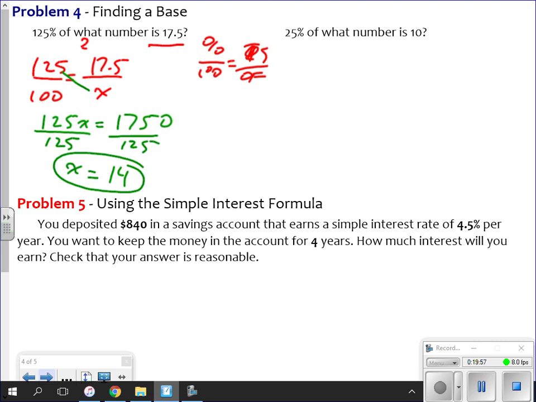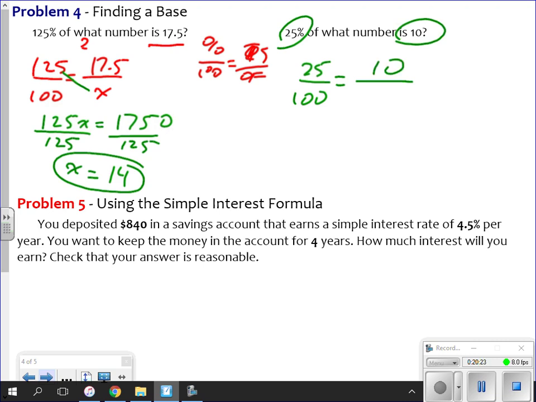Same thing on the next one. Let's set it up. What goes on top of the first one? 25, because we have 25%. That's my percent. What goes on top of the second one? 10, because my is 10. What goes on the bottom of the second one?